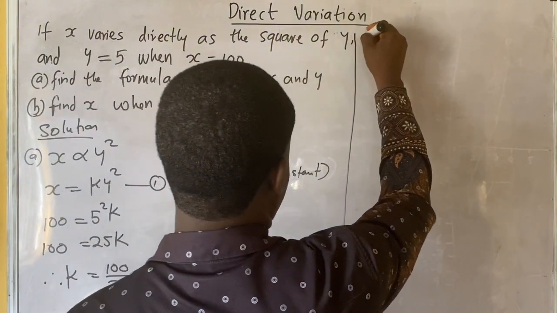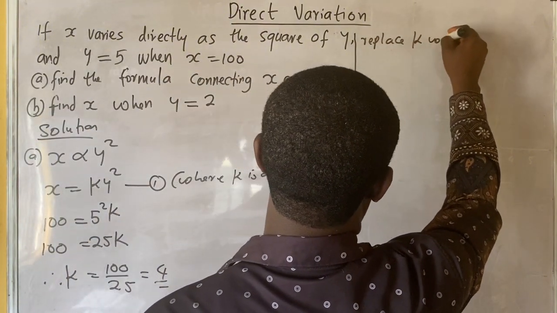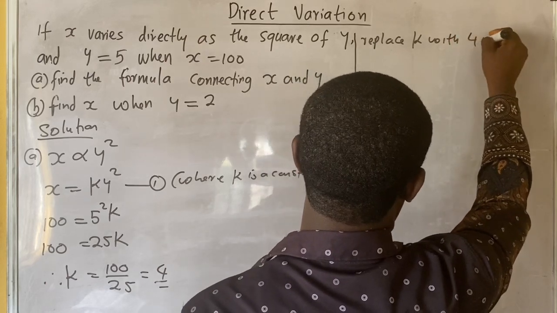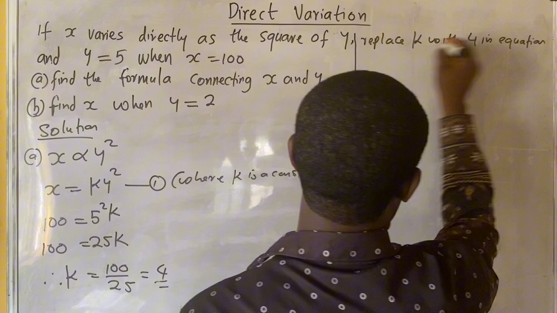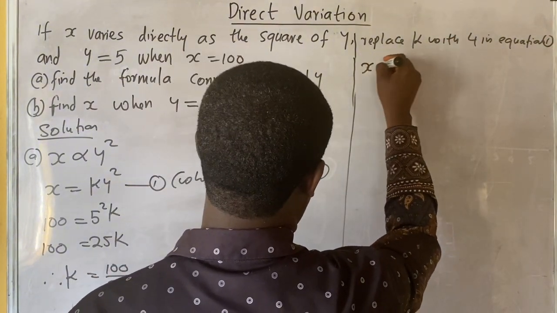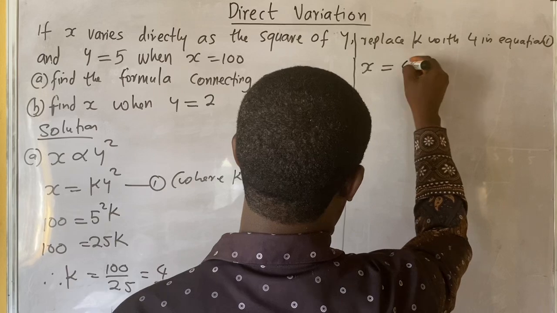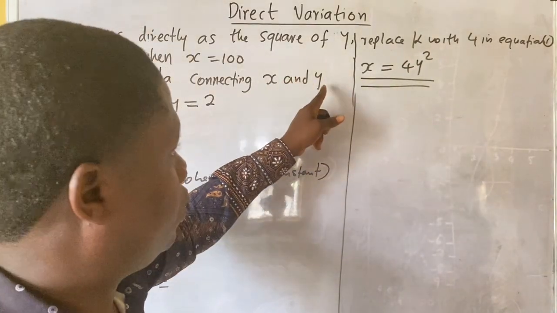If we do that, we have x equals 4y squared. So this is the formula connecting x and y.